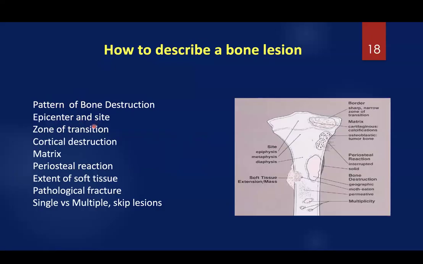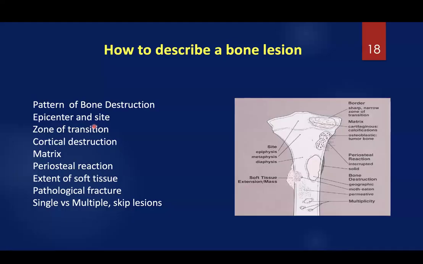And why do we talk about epicenter in bone lesions? Because we know that these lesions grow from a central nucleus. That central nucleus starts as a small nodule or small cells, and then it starts to grow in a circular fashion. So wherever that epicenter is will tell me what kind of tumor this is.